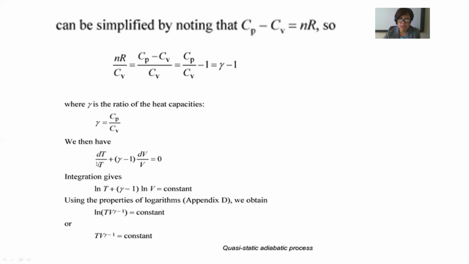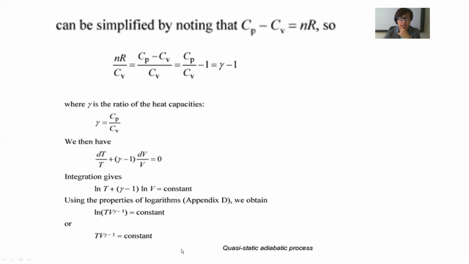Integrating, natural logarithm of T plus gamma minus 1 times natural logarithm of V is a constant. Using the properties of logarithms, we obtain the natural logarithm of T V to the power gamma minus 1 is a constant. The final formula: T V to the power gamma minus 1 is a constant.